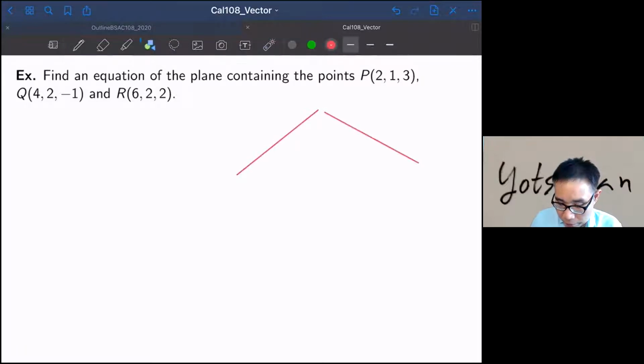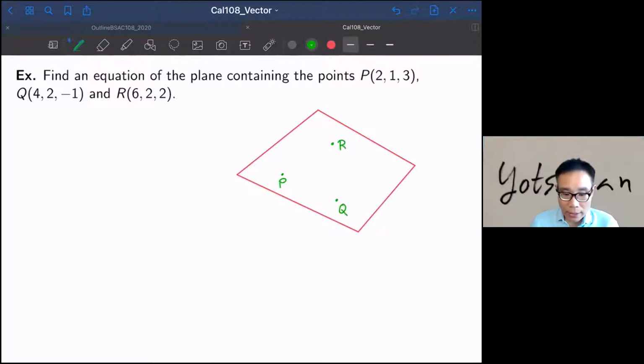So you have this plane and the points P, Q, R. P is (2,1,3), Q is (4,2,-1), and R is (6,2,2). You'd like to find the plane containing these 3 points.